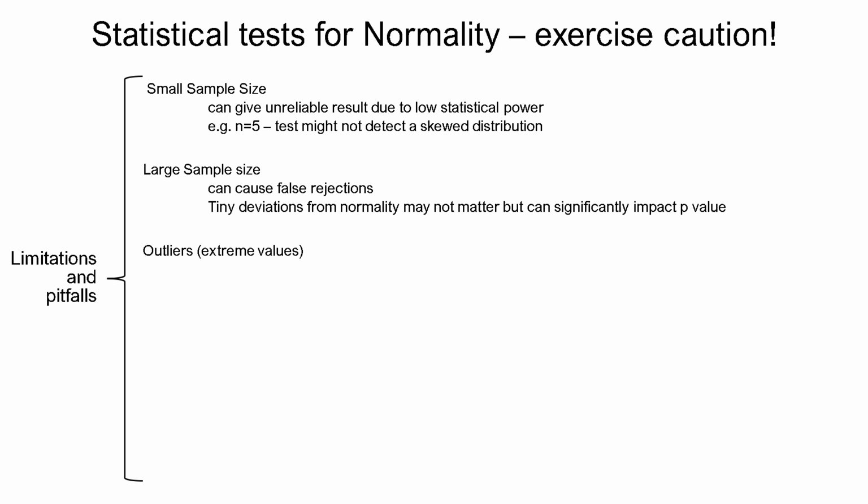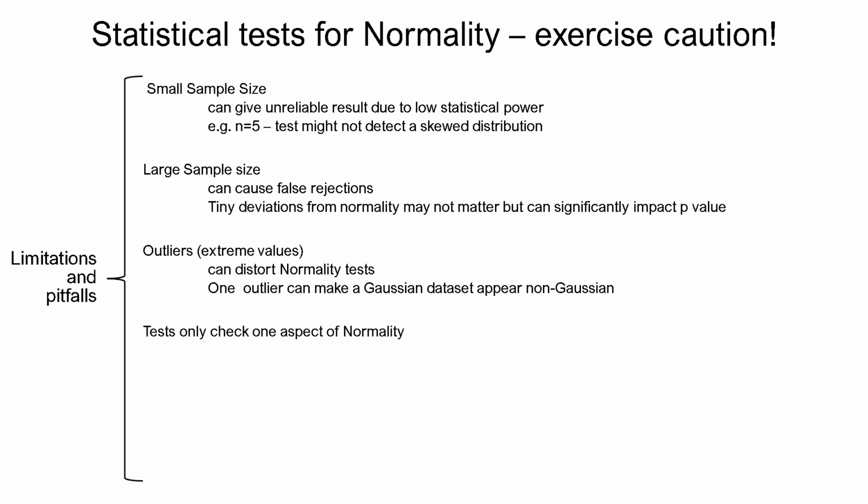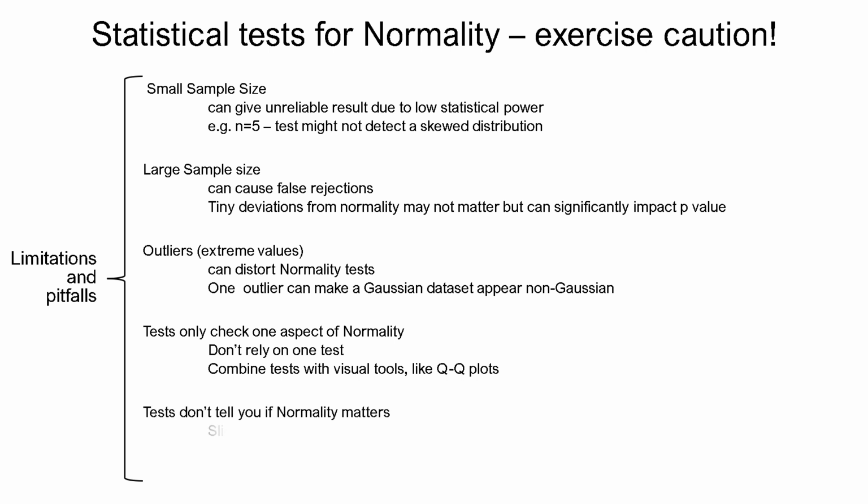The same problem is seen with outliers, which can make an otherwise Gaussian dataset appear non-Gaussian. An additional issue is that normality tests only check one aspect of the distribution. For that reason, it is wise to combine tests that look at different criteria and use additional methods of visualizing the distribution.